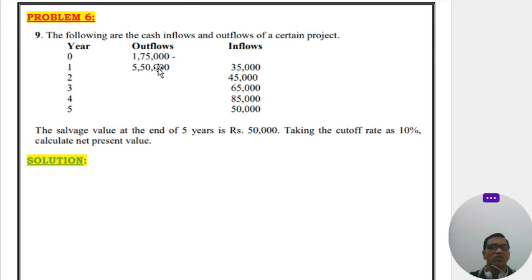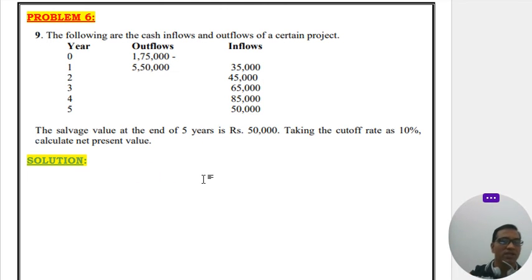Year 1 also has an outflow. This year 1 outflow is a future value, you have to convert it to present value. And inflows are given: salvage value at the end of year 5. Salvage value, scrap value, residual value will be taken as income, cash inflow at the last year of the project life.